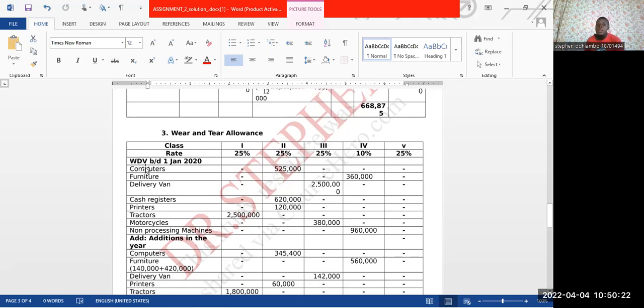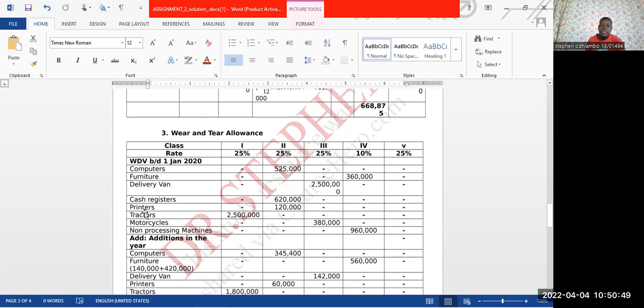So for the working down value brought down on 1st January, you will find that for computers we have 525,000, and furniture here falls under class 4, 360. Delivery van 360,000, we have no delivery van, it is 2,560,000.